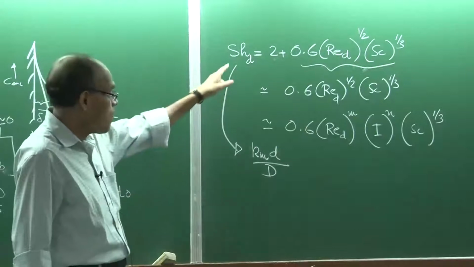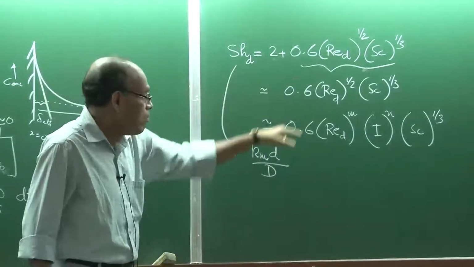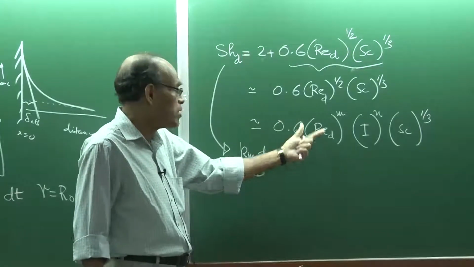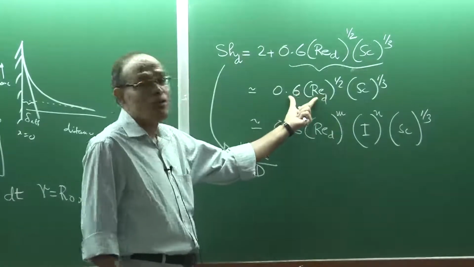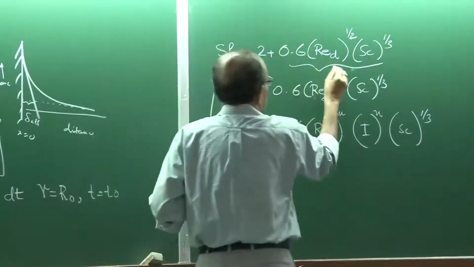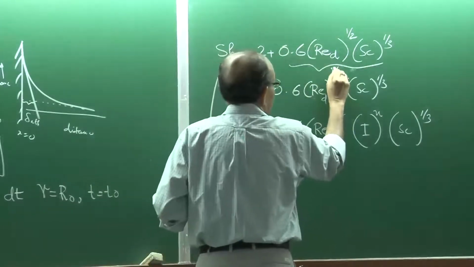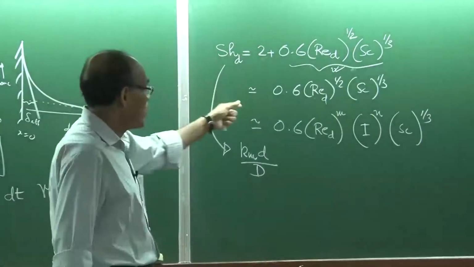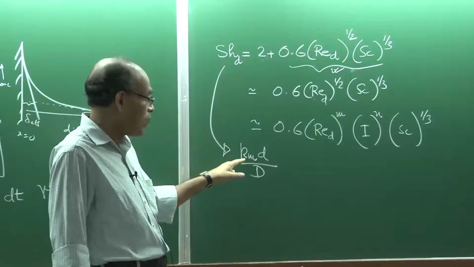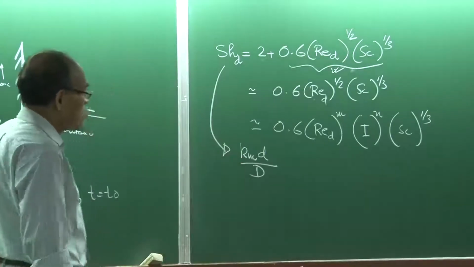So the Ranz-Marshall correlation, or the limiting forms of the correlations that I have represented, one for turbulent flow and one for relatively high Reynolds number, where the dissolution process is dominated by this term rather than 2, one can apply either of these equations, calculate the Sherwood number, and from it find the mass transfer coefficient.